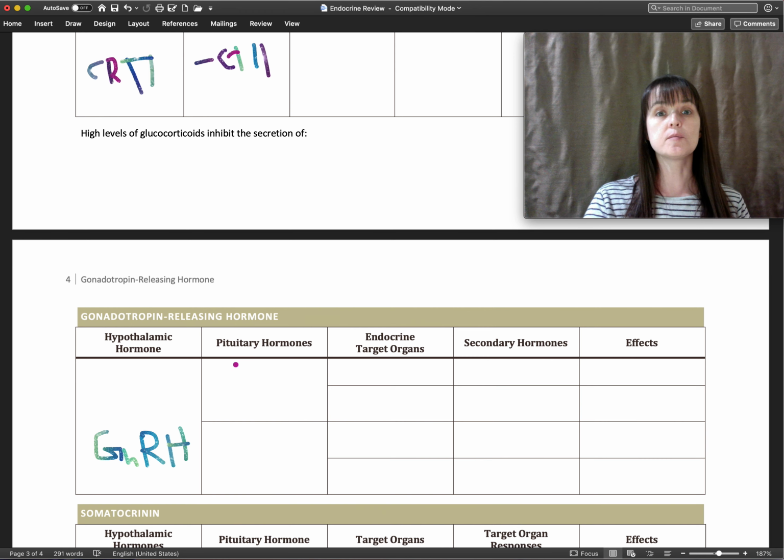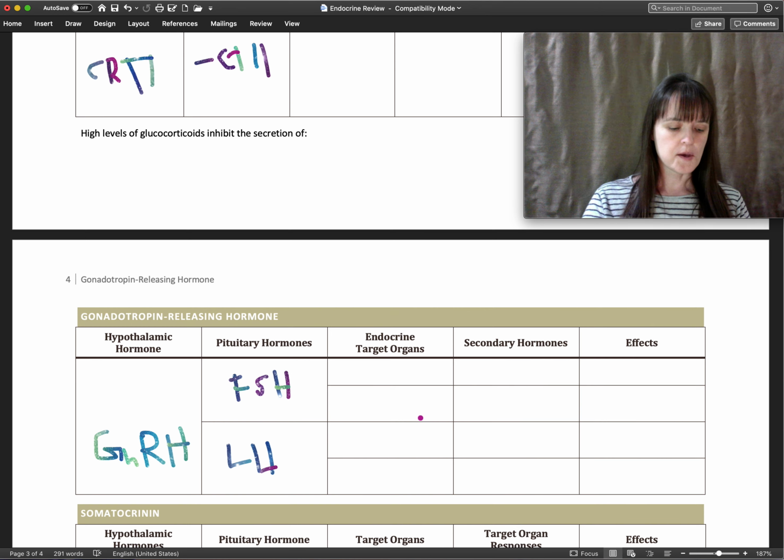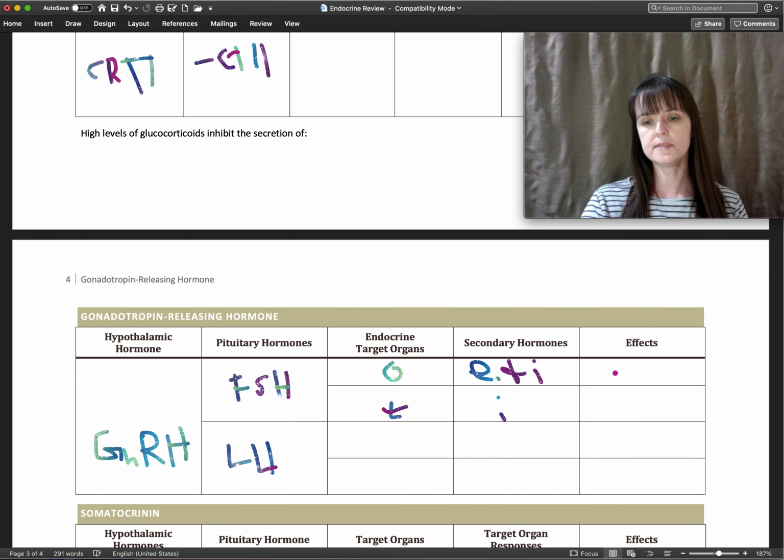And the pituitary hormones here are follicle stimulating hormone and luteinizing hormone. Follicle stimulating hormone in the ovaries causes estrogen and inhibin. In the testes, just inhibin. At the ovaries, that causes follicle development.